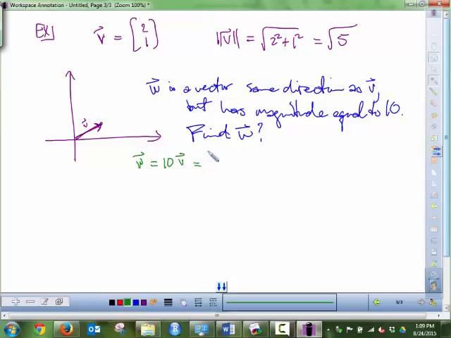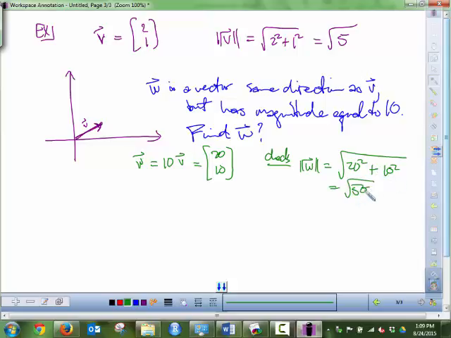Let's see. So 10v, this is 20 and 10, right? Let's check by finding the magnitude of w. These are my components now, 20 and 10. So the magnitude of w is the square root of 20 squared plus 10 squared. What's 20 squared? 400 plus 100, square root of 500.